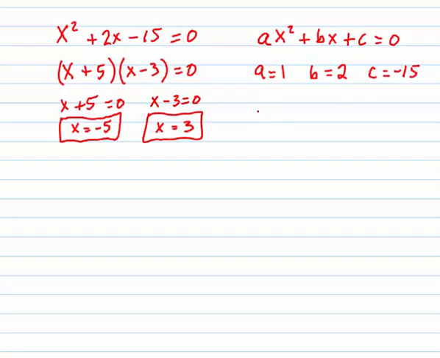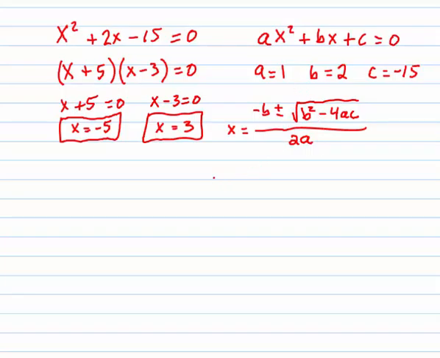Now the quadratic formula is just negative b plus or minus the square root of b squared minus 4ac all over 2a. And that's what our values of x are equal to.